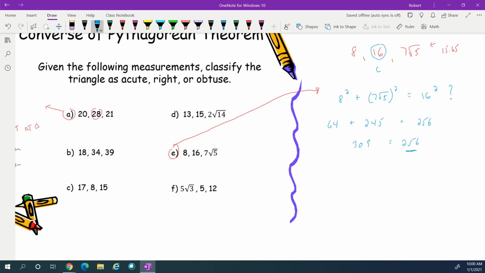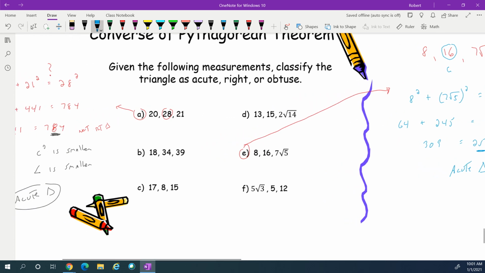And again, look at that C squared number. Since it is smaller, this is an acute triangle. If that number was bigger, it would be obtuse.